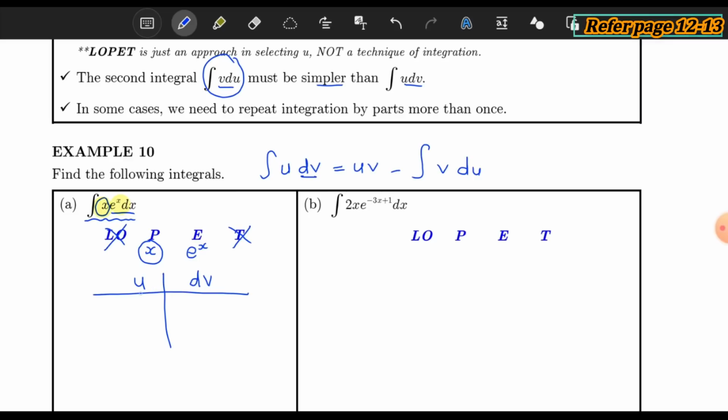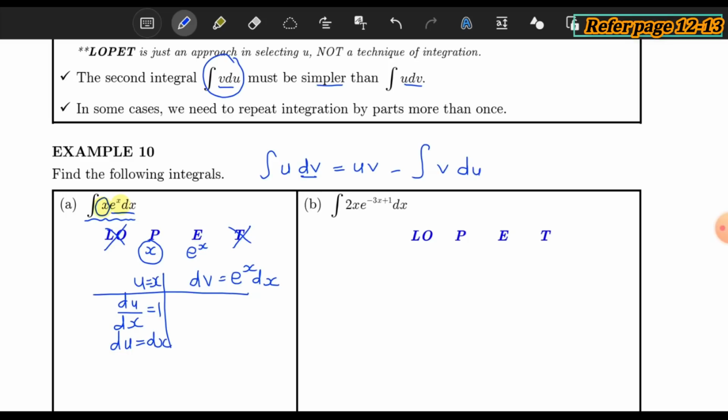So your u is x and your dv is exponent x dx. For u, we have u equals x, so du dx equals 1. Therefore, du equals dx.